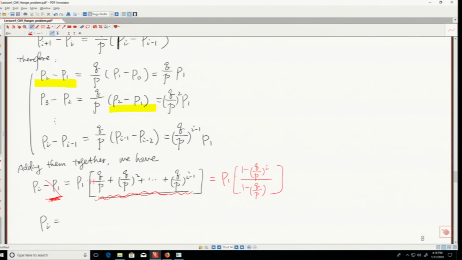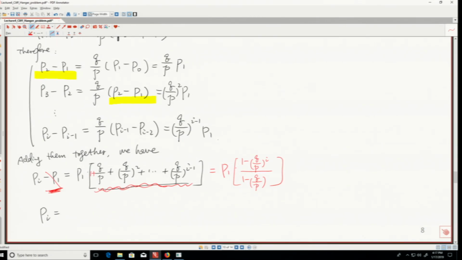But obviously, what if Q over P equals 1? If Q over P equals 1, then this is much simpler, because everything here will become 1, right?